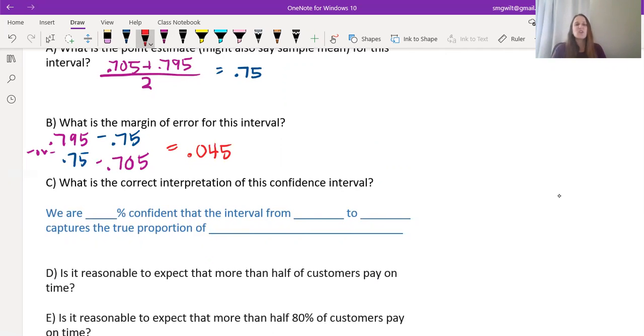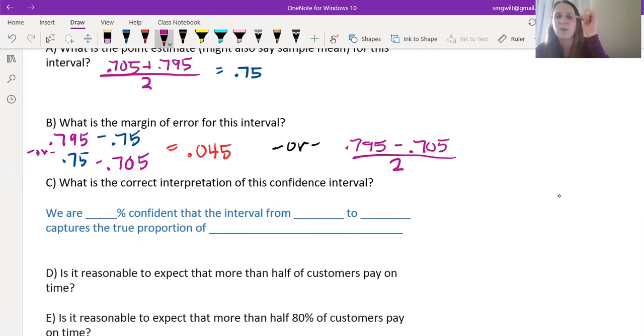Another way that I could find this value, so a third method to find our margin of error, is I can find the length of my interval. So I know it goes from 0.705 to 0.795. So if I do 0.795 and I subtract 0.705 and I divide that number by 2, right?